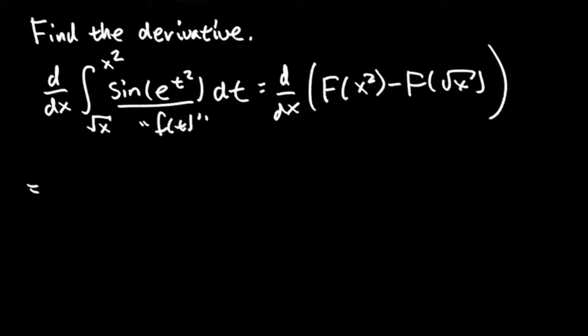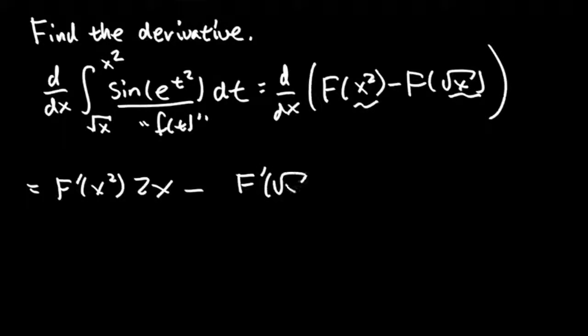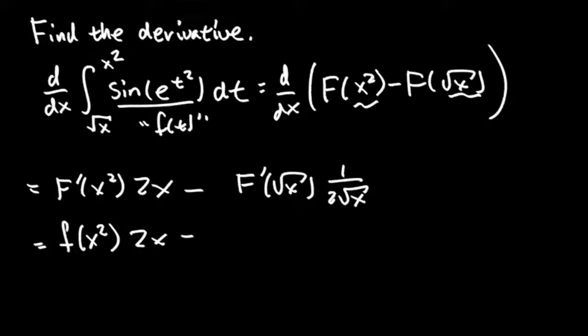So that would give us f of x squared times 2x, because chain rule, right? Minus that times 1 over 2 square root of x. So what is the derivative of big F? That's just small f of t, right? So small f of x squared times 2x minus small f of square root of x times 1 over 2 square root of x.